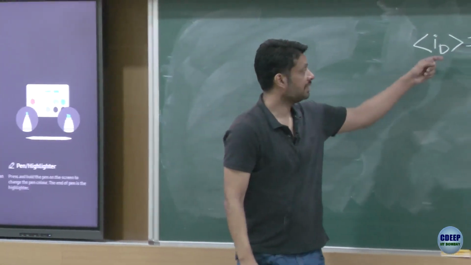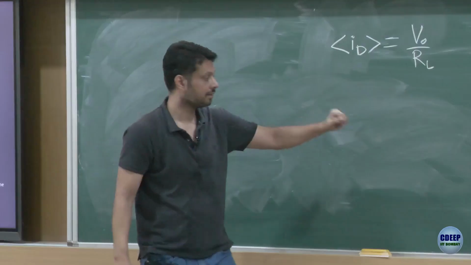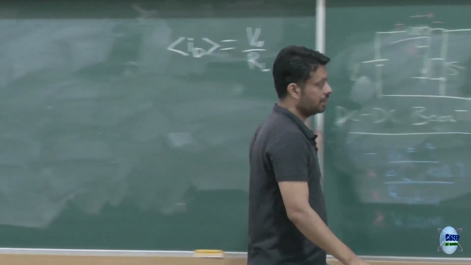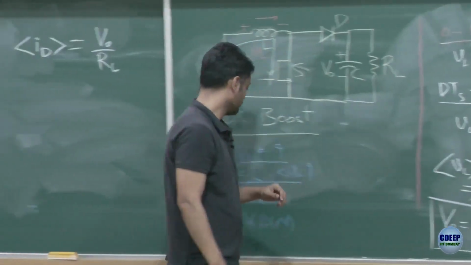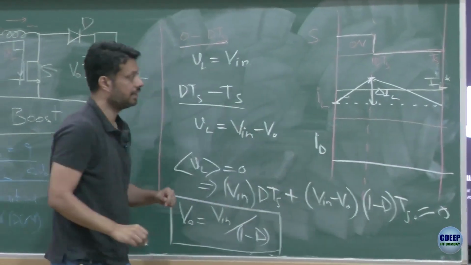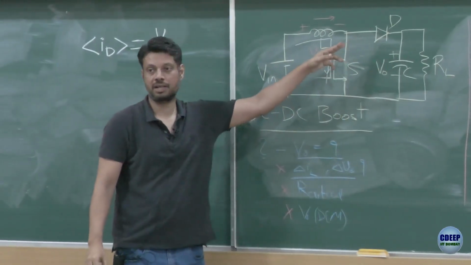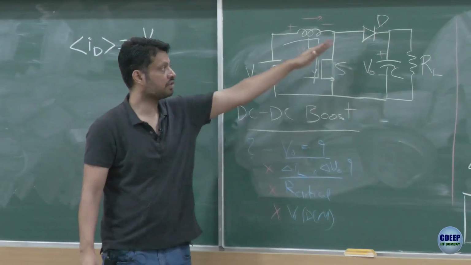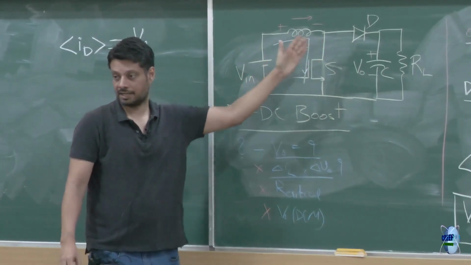And what is the relationship between average diode current and the average inductor current? This we can see here. In the waveform, I have drawn the inductor current waveform. I can also draw the diode current in this, right? So, what will be the diode current when switch S is on? How much is the diode current? 0, and when switch S is off, diode current is equal to inductor current, right? Same current.